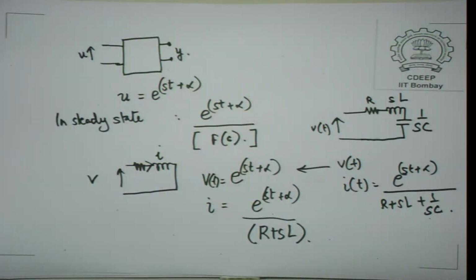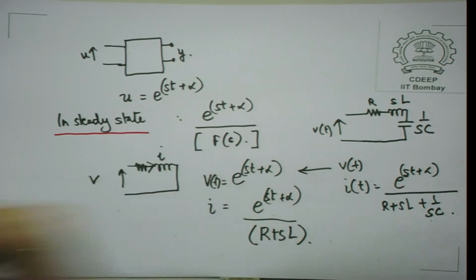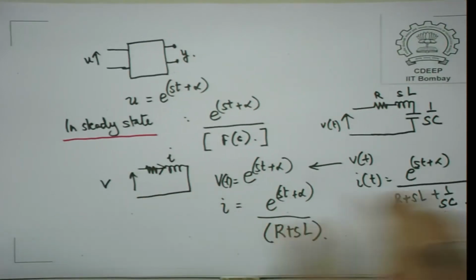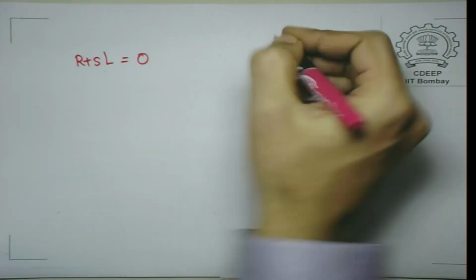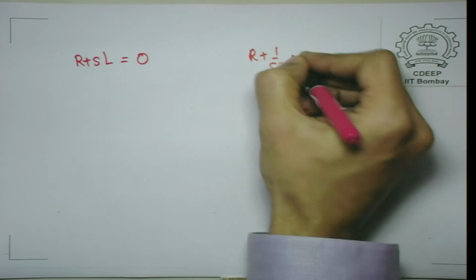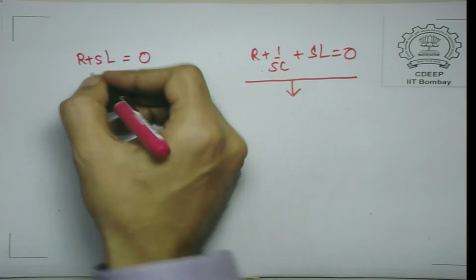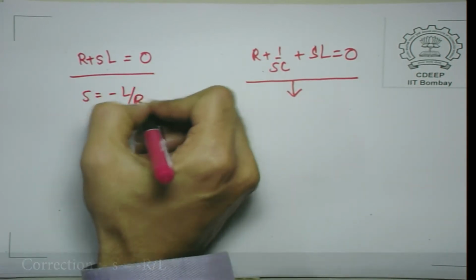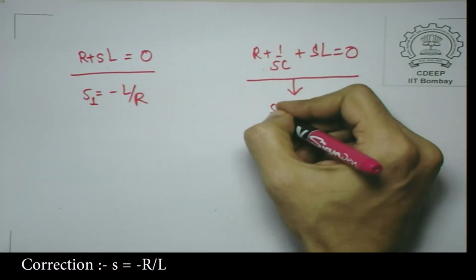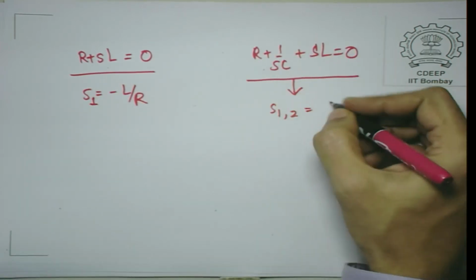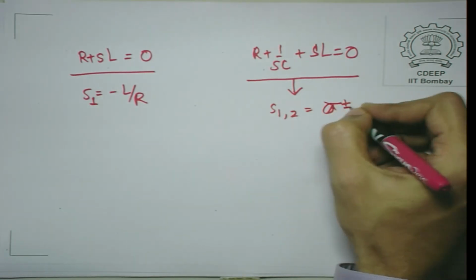The important thing to note is this is only the steady state behavior. In fact, in transients what we notice, very interestingly, is that the roots of this polynomial, which are obtained by setting in the case of an RL circuit R plus SL is equal to 0, or in the case of the RLC circuit this is equal to 0, roots of it, that is in this case S is equal to minus L by R, I will call this S1, and here S1 and S2 is equal to, you will get sigma plus or minus j omega n.